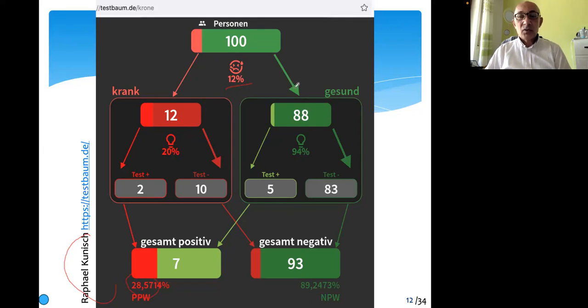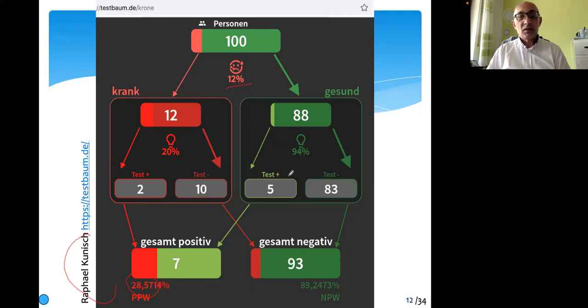And if you apply the PSA test to people whom you know are healthy, you know by, let's say, doing a prostate biopsy, these 88 people, the test would return negative in 94% of the participants.